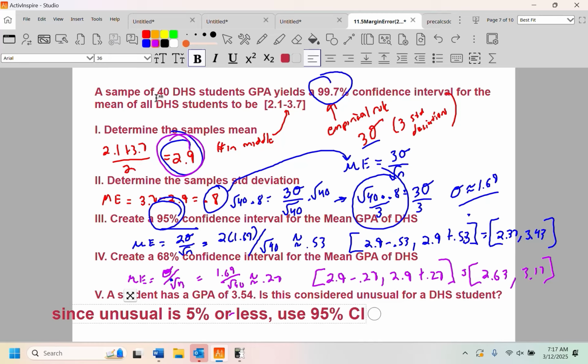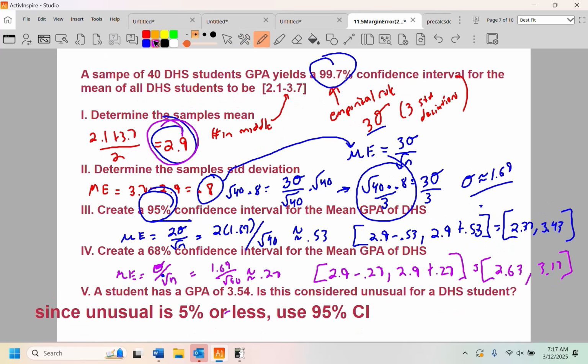So my 95% CI is this guy right here. And I can see that 3.54 lies to the right of the 95% CI.